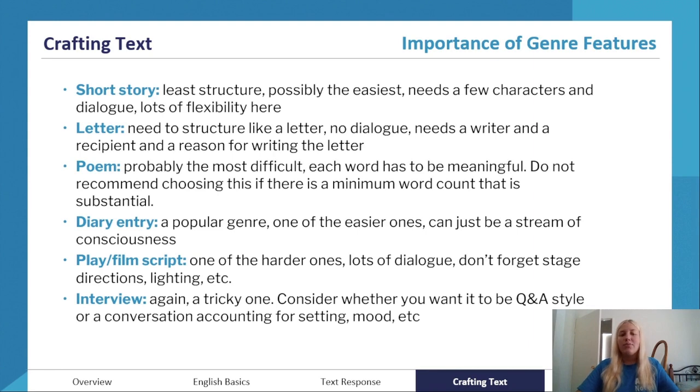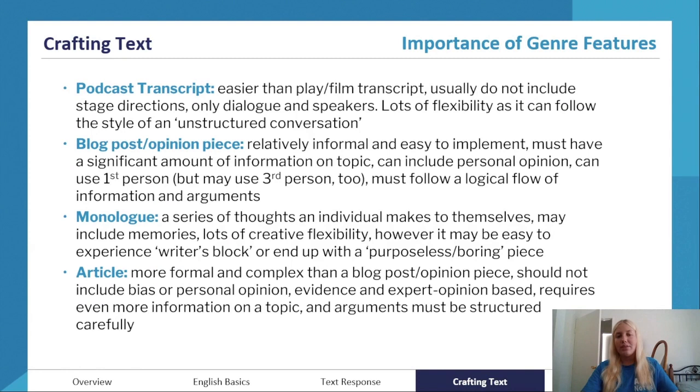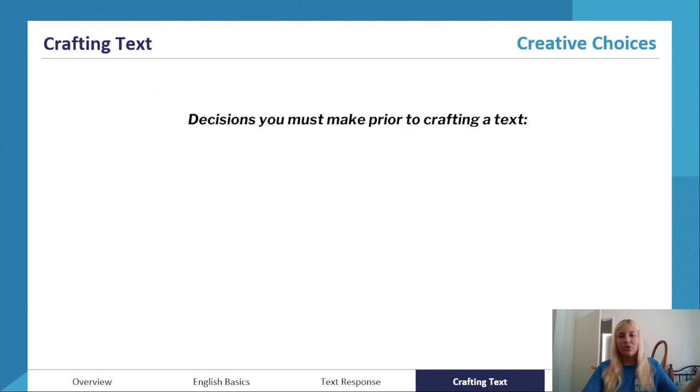You can even look at something like a song. And they can all be something that you can use. And I've put some of the main genre features for you guys, so feel free to have a read through. I feel like a lot of this is intuitive after you pay attention to it. You just need to analyze one little text of a certain text type until you fully understand what these genre features are.